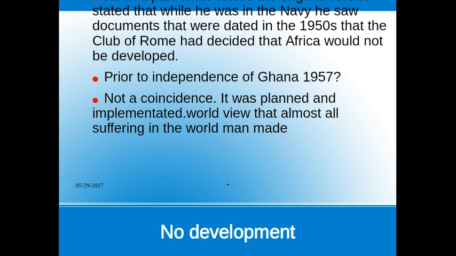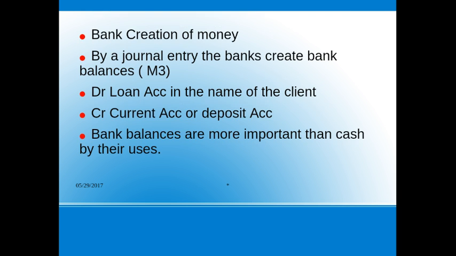He said they decided that Africa would not be developed, and they would just use it to plunder minerals and wealth, because its mineral wealth was very great. So the underdevelopment of Africa was planned and implemented. It's not because of corrupt politicians or whatever reason they give. These are just subsequent reasons for why there's been no development.